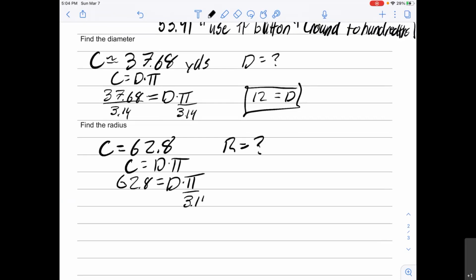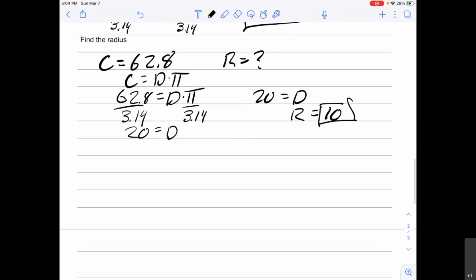We can start by dividing by 3.14. 62.8 divided by 3.14 gives me 20. That's the diameter. So if 20 equals the diameter, the radius is half the diameter. So the radius equals 10. It's really important in these problems to make sure that we're remembering the relationship between a radius and a diameter, and remembering that a radius is half of the diameter.